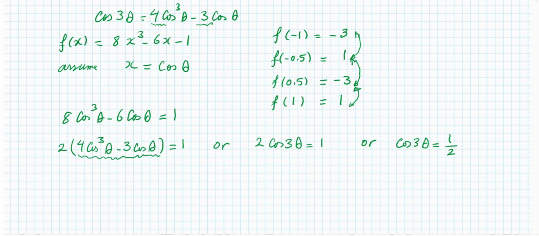So in this case, we find that 3 theta is equal to 2k pi plus or minus pi over 3.